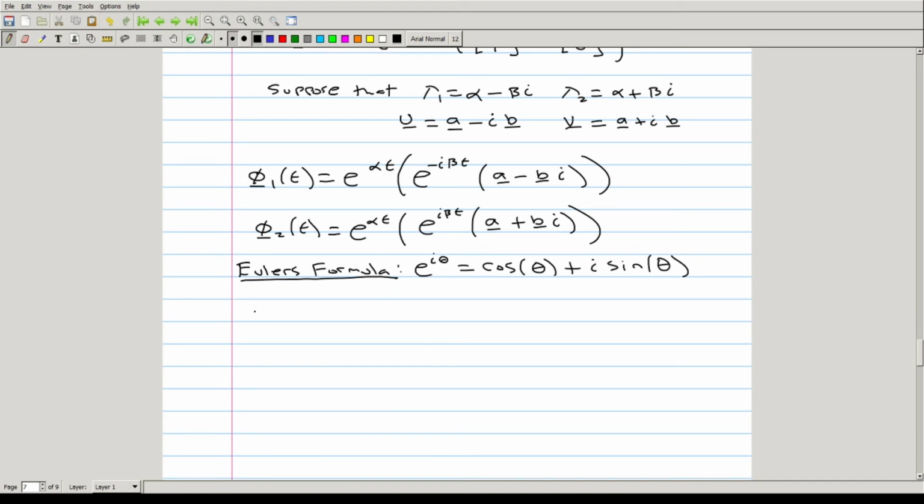So using this formula for phi1 gives us e to the alpha t times cosine of beta t minus sine of beta t times i, times a minus i times b.